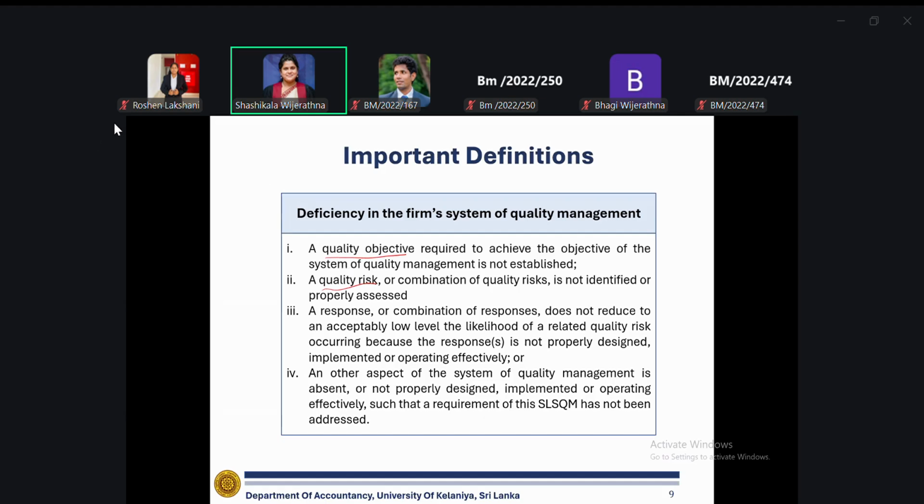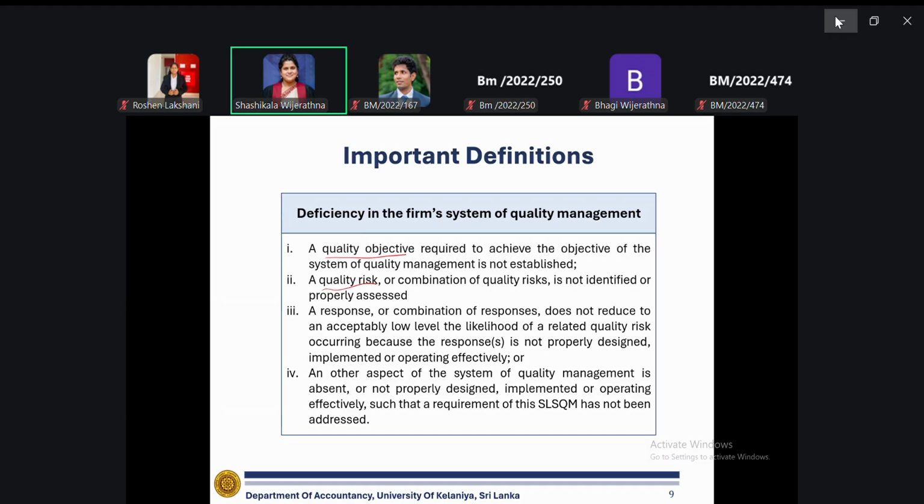We introduce these responses in order to address the risk and to reduce or eliminate that risk. But the deficiency is where these responses do not have the capability to reduce this identified risk to an acceptably low level.